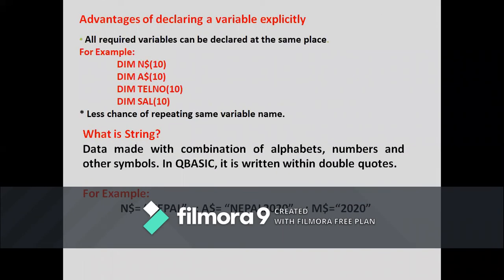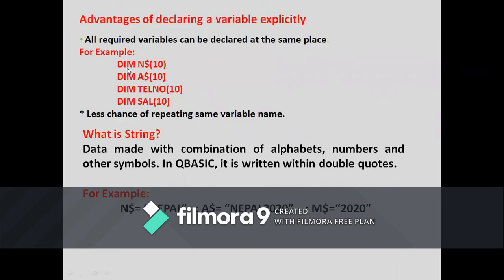Students, now we'll see the advantages of declaring a variable explicitly. If you declare variables explicitly, then the first advantage is that you can declare all variables at the same place. Like you can see in this example, suppose in your program you need name, address, telephone number, and salary. Then all variables you can declare in this way.